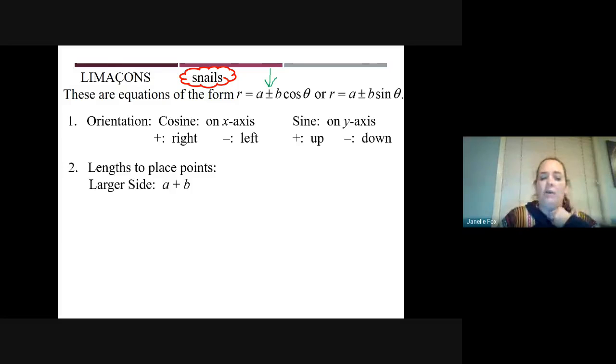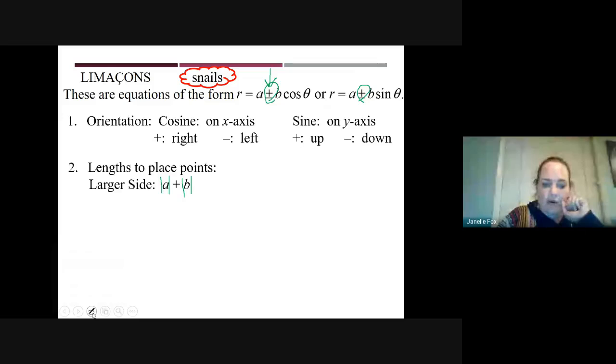So for the larger side, you're going to add A and B. Now, I'm being a little bit lax right now. Technically, this is the absolute value of the A and the B that you're adding together. So you are ignoring the sign in the middle. This sign does not mean anything when we're trying to find these values.